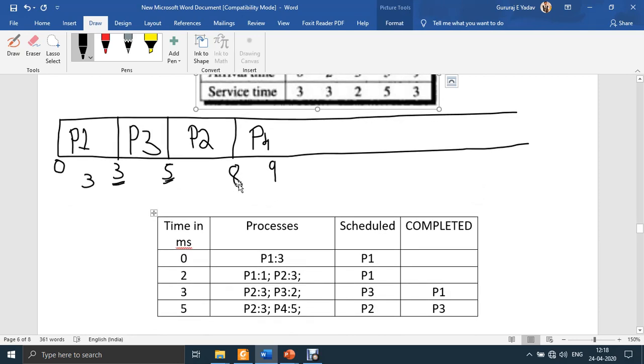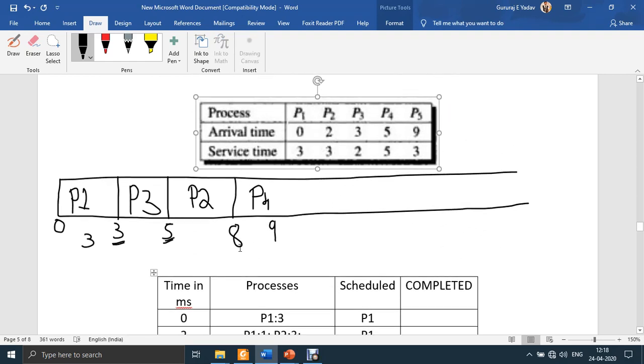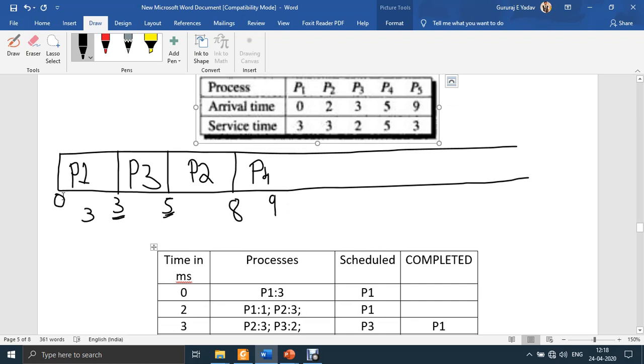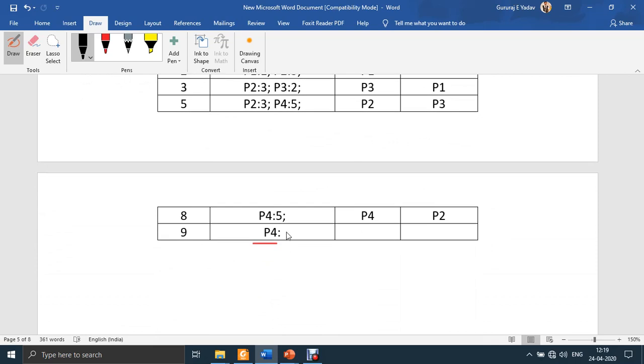You scheduled P4 at 8 and now it is time interval 9, so out of 5 milliseconds it has consumed 1 millisecond. The remaining completion time for P4 is now 4.